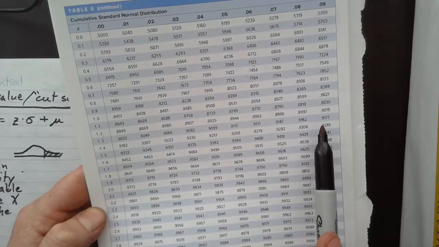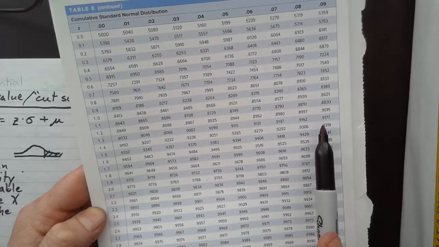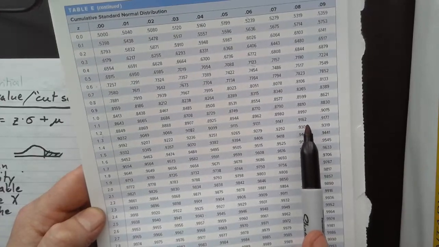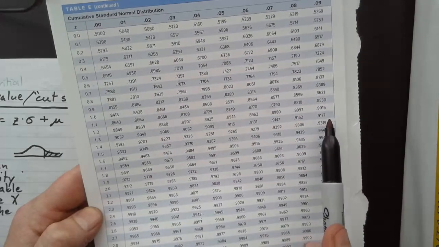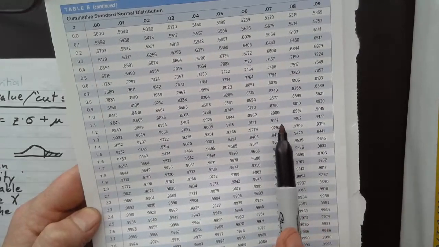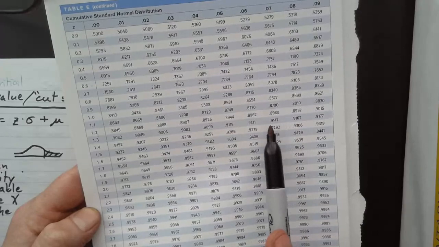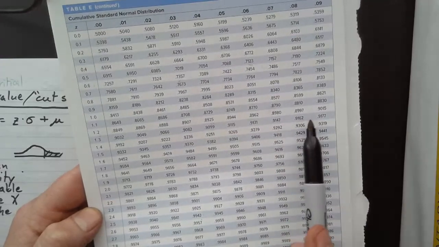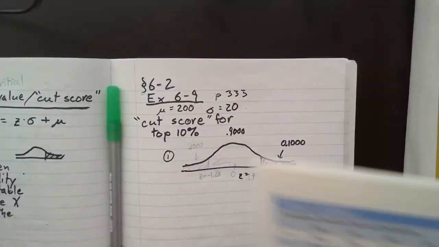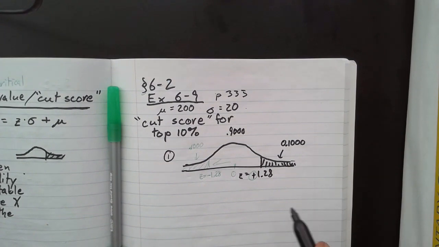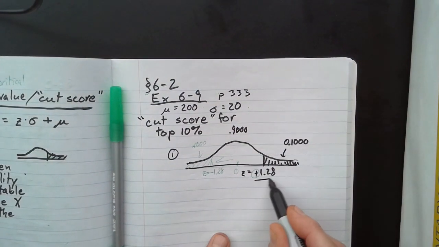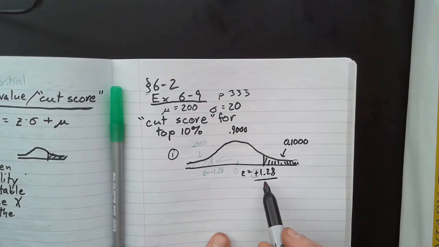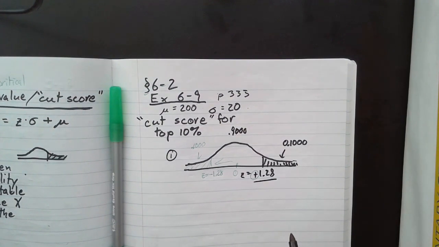Wait, am I thinking of that right? Yeah, that's as close as we can get to 0.9000 because that's 15 away, and the other is even further lower than 0.9000. Okay, so yeah, that is still our positive 1.28.